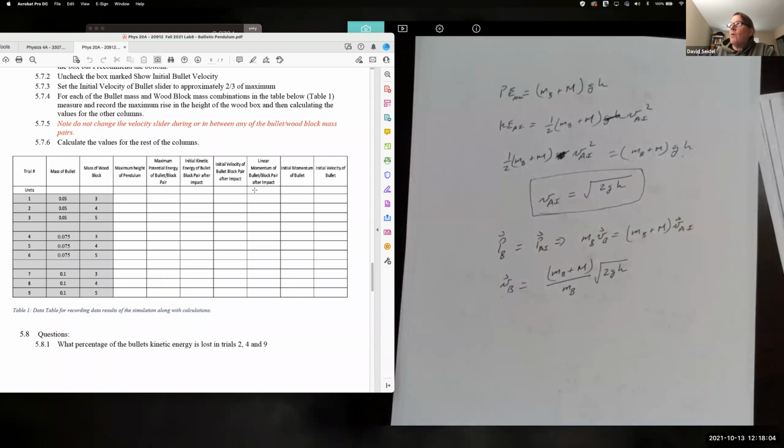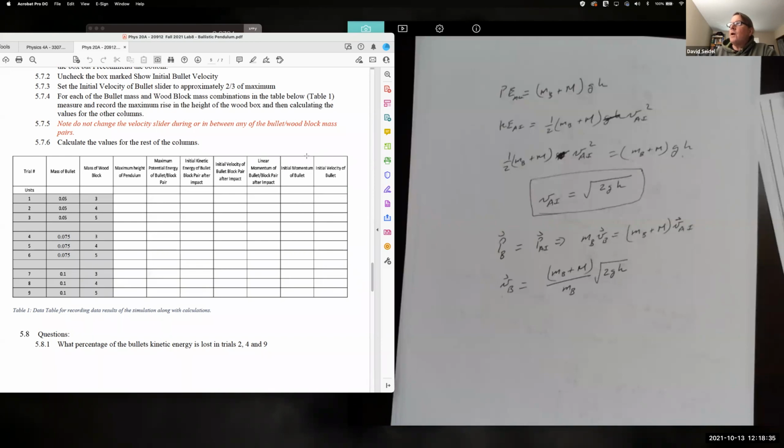So now I walk you through this. This is the linear momentum. These two columns are equal. The linear momentum of the bullet block pair after impact has to equal the initial momentum of the bullet. So these two columns should have the same value in them. It's just walking you through this step by step.